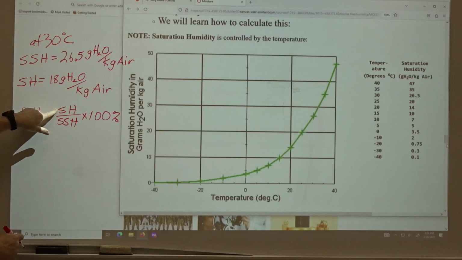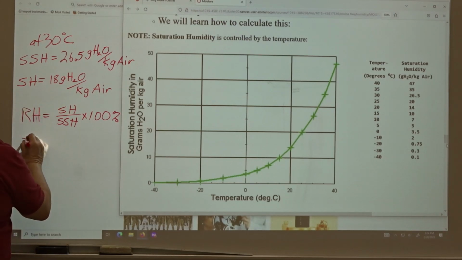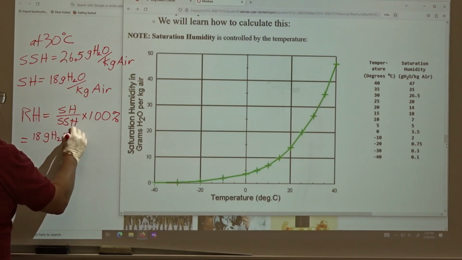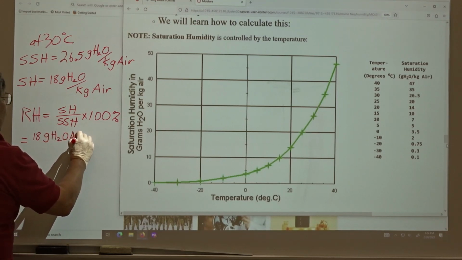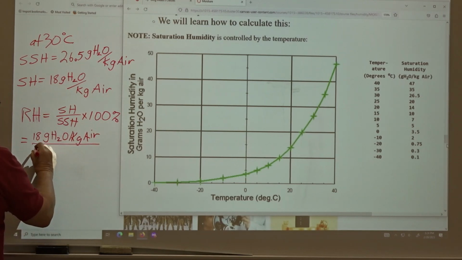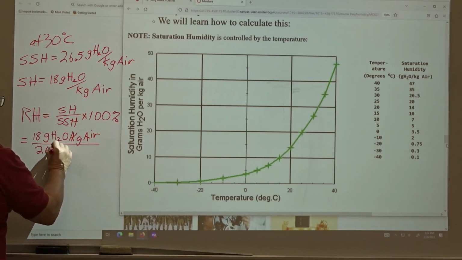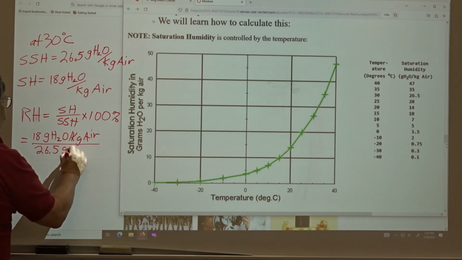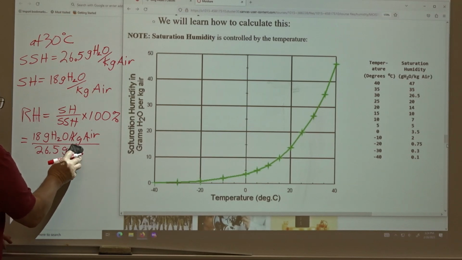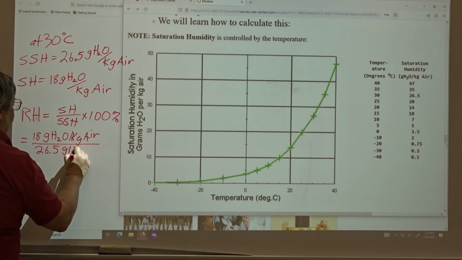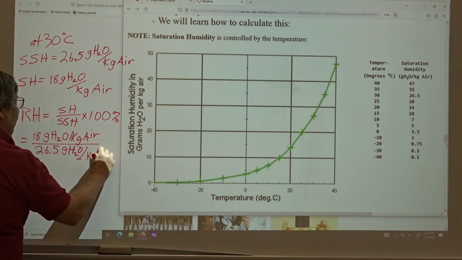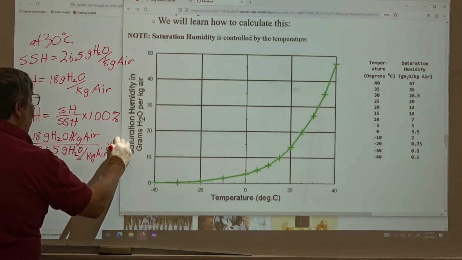And so the specific humidity is 18 grams of water per kilogram of air divided by 26.5 grams of water per kilogram of air times 100%.